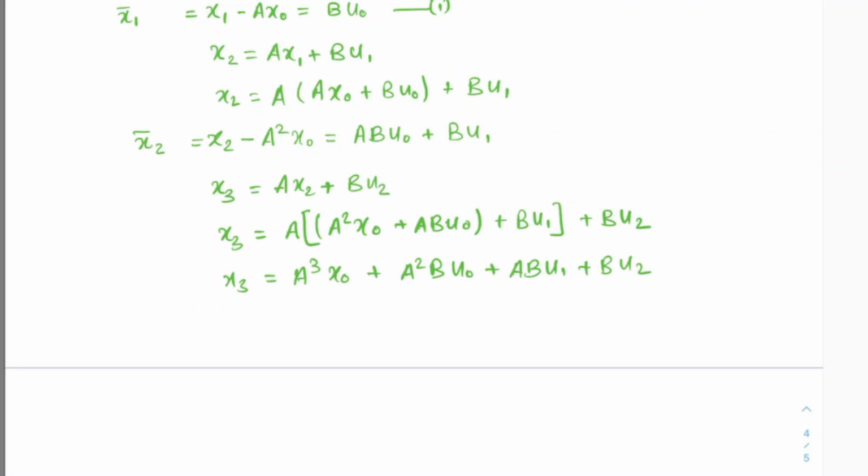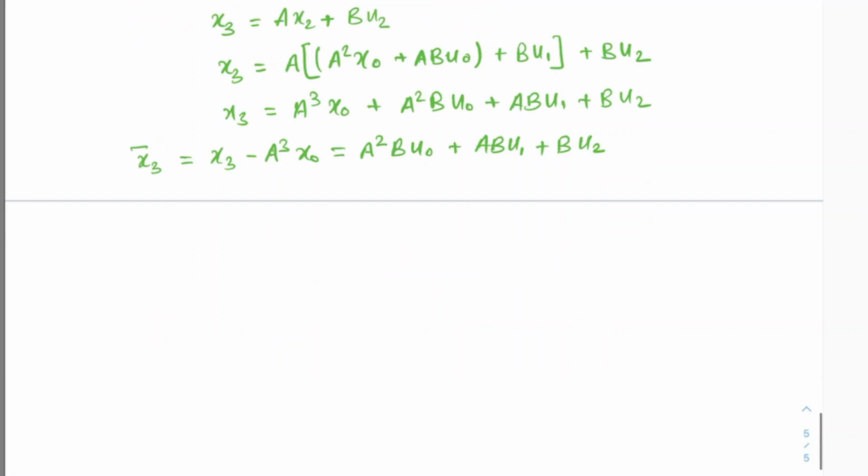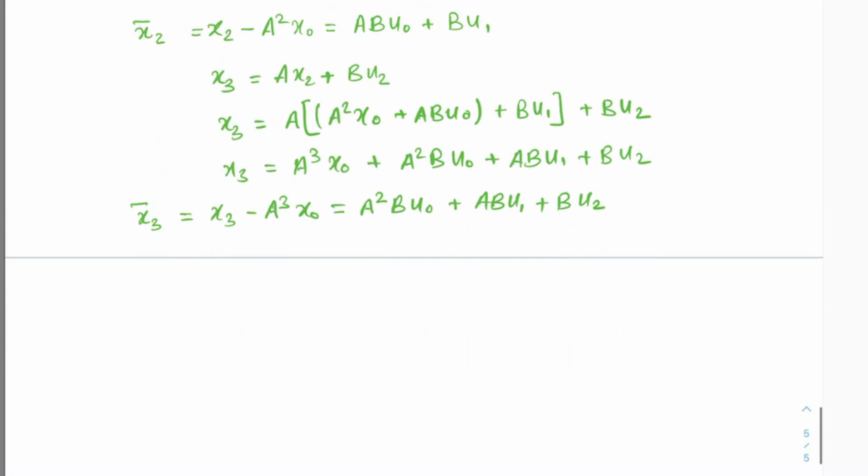So we are looking at a pattern. If I write x3 bar as x3 minus A cubed x0, it equals A squared B u0 plus A B u1 plus B u2.